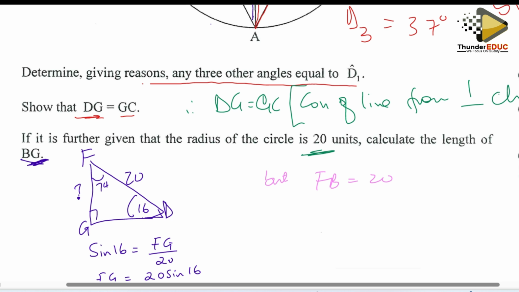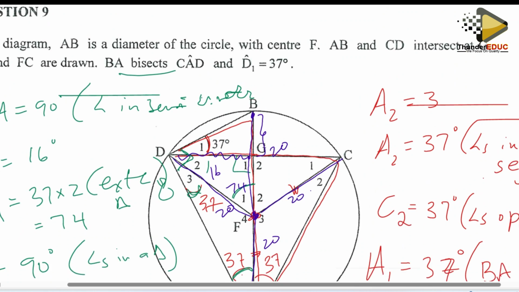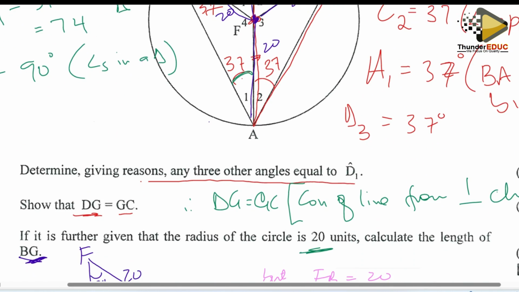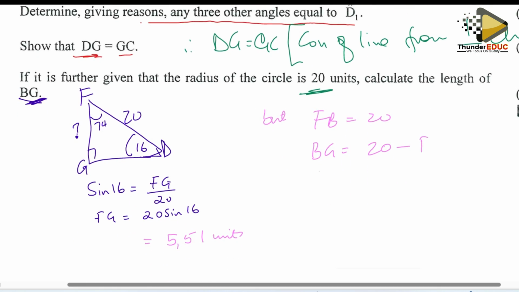For me to get my BG, I'll get 20 minus the FG. 20 minus FG, which is 20 minus 5.51, which gives me 14.49 units.